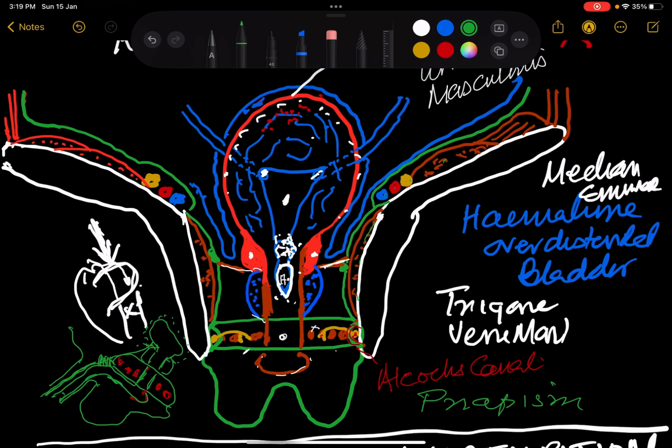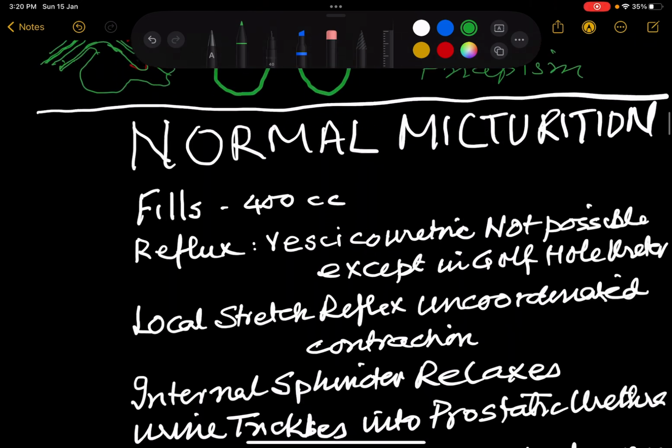Then you have the psoas, the iliacus, and the three muscles which suspend this pelvis: internal oblique, transversus abdominis, and external oblique. So I have identified all important structures which are around the bladder by these three diagrams.